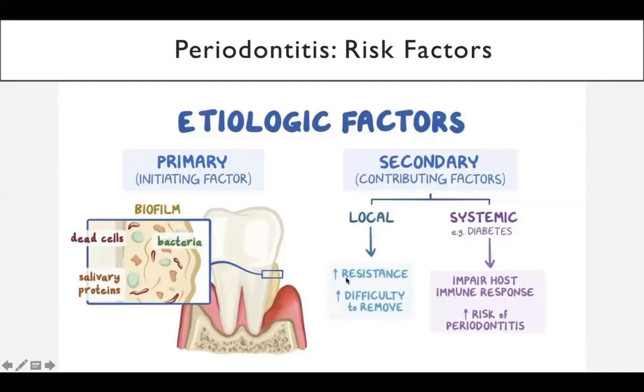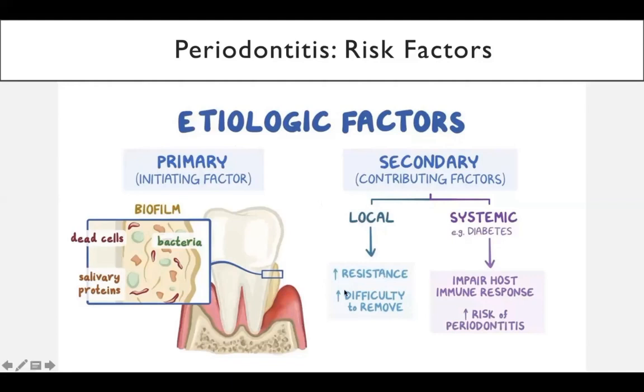Local is when the plaque or the tartar is difficult to remove. When the tartar or plaque is difficult to remove, then the local bacteria will also be difficult to remove. So the plaque and tartar buildup itself creates more resistance and more difficulty for the periodontitis or gingivitis to be healed or to be gone, right?